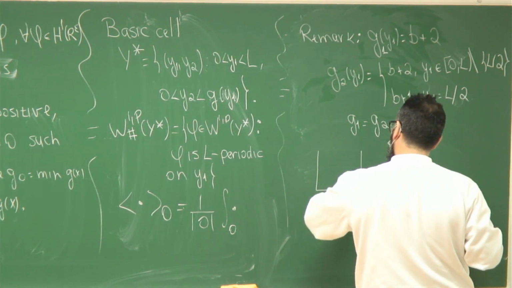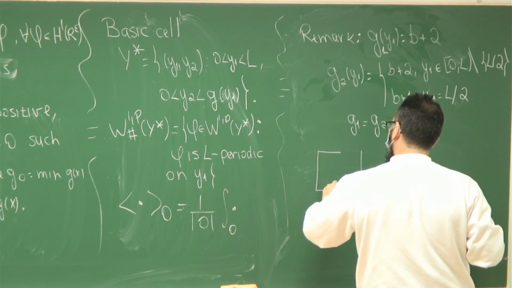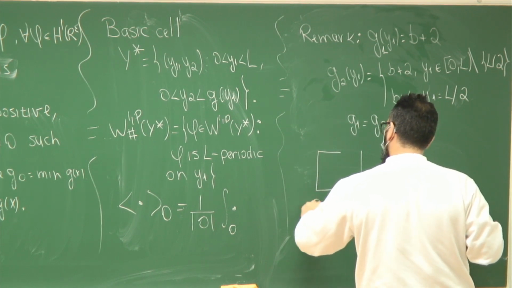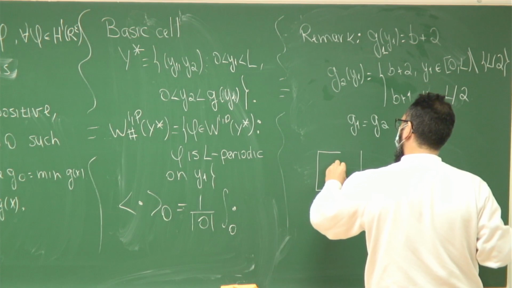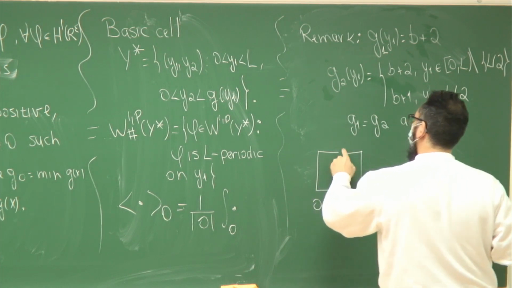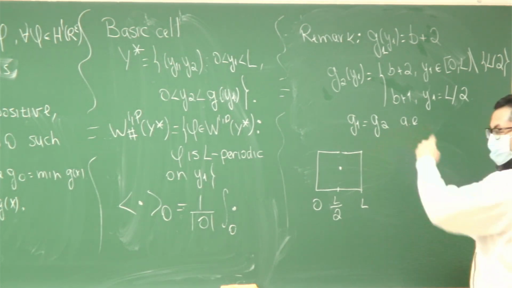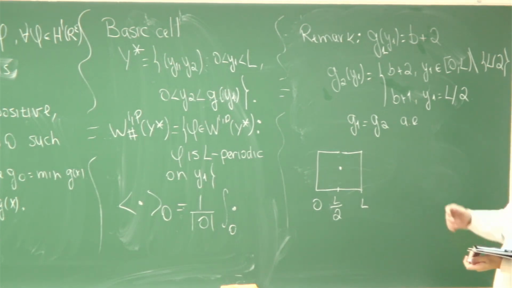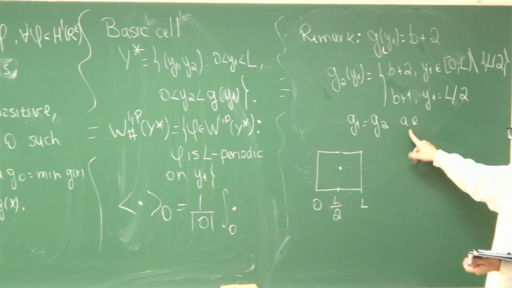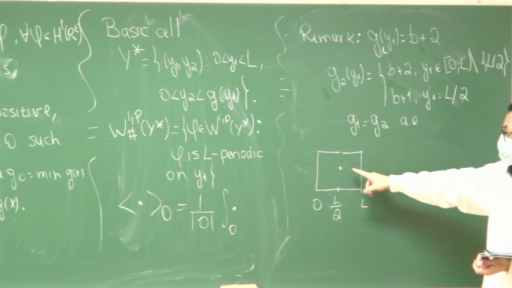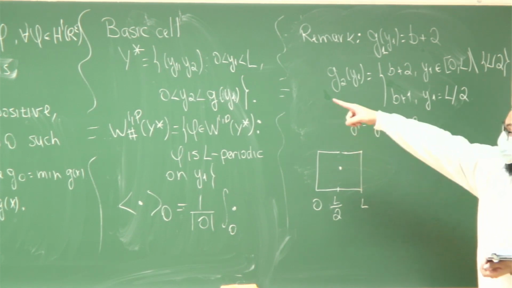In one case, we will have something like this. Let me put a hole here, and the other, the entire one. Even if they are almost everywhere equal, they do not generate the same basic cell.